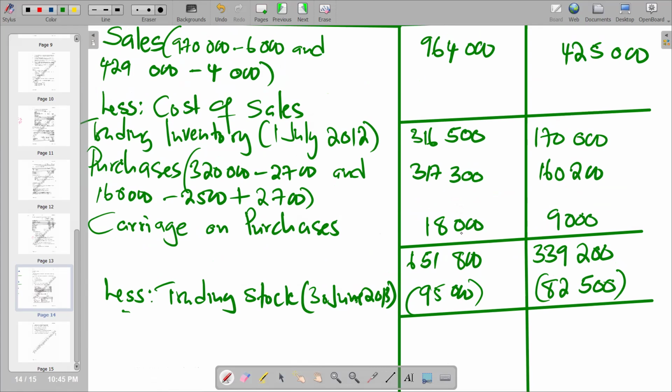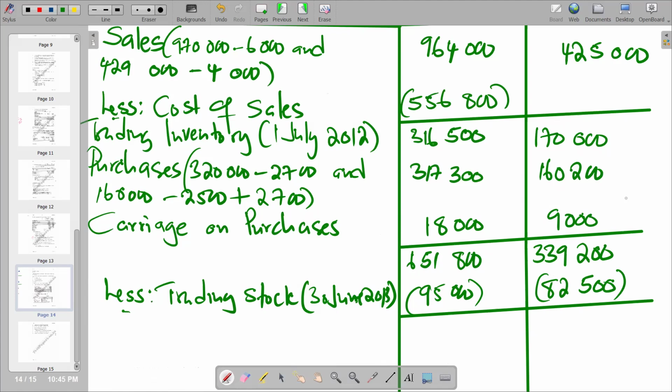Let's calculate that one: 651,800, and then you subtract 95,000. We are going to get 556,800 as our cost of sales. We are again saying less here, cost of sales, so we put brackets again so that we are subtracting. We do the same thing here.